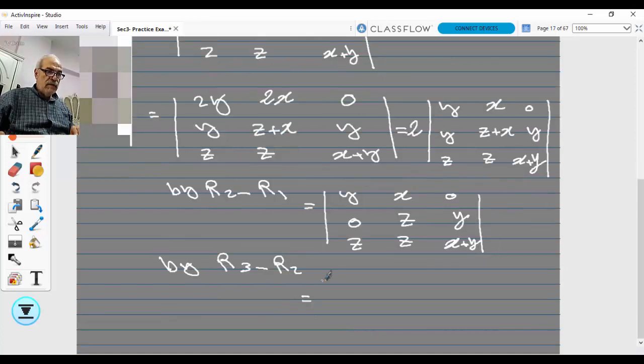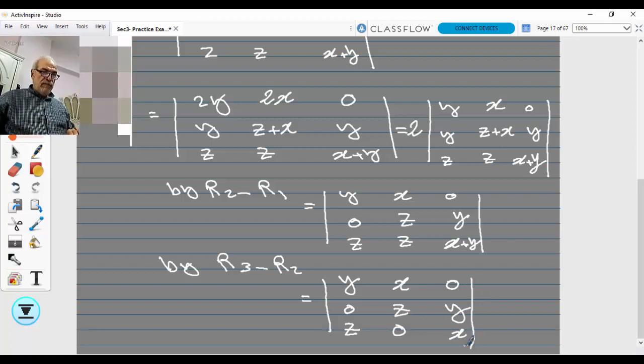We get a new determinant. We write first the first row without any change: y, x, and 0. And the second row: 0, z, and y. Now, z minus 0 equals z, z minus z equals 0, x plus y minus y equals x.